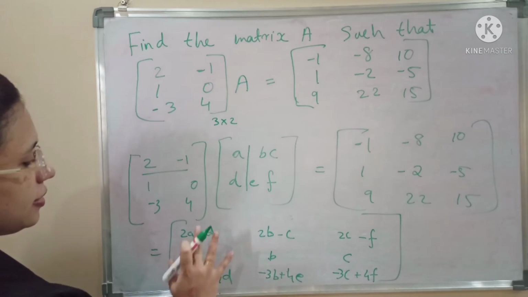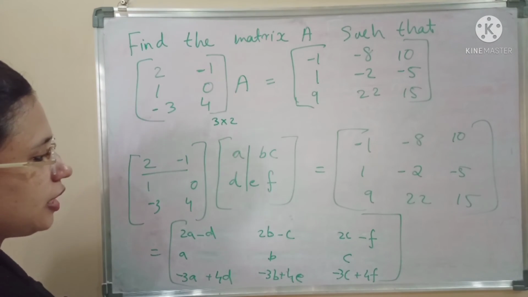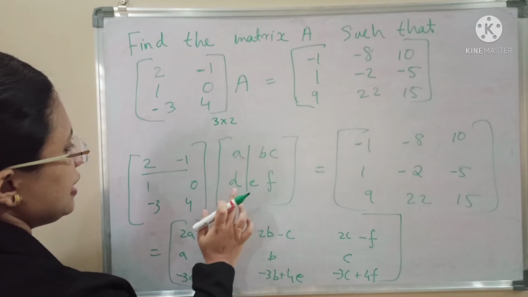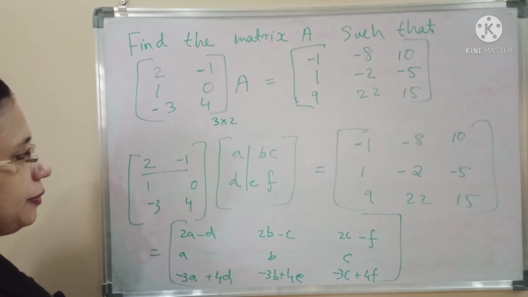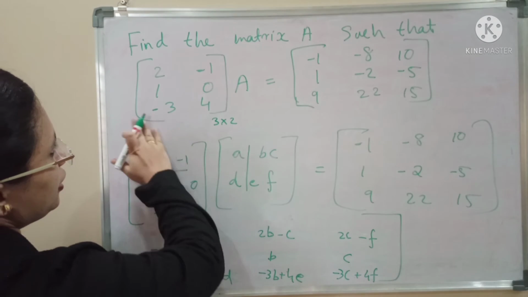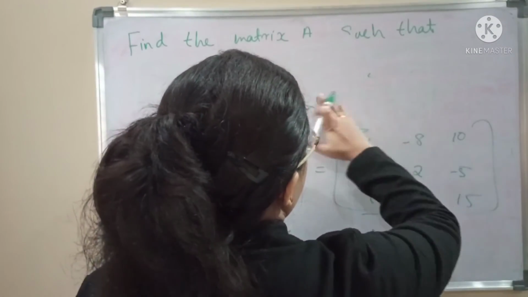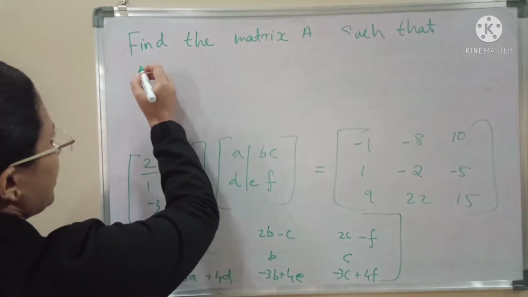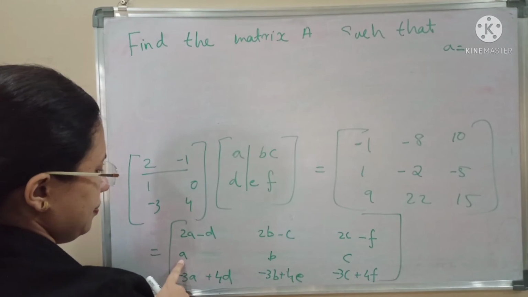Using these small equations in place of the elements, we can get A, B, C, D, E, F, so that we will get matrix A. Clear? So from here, what is A? See the corresponding element.